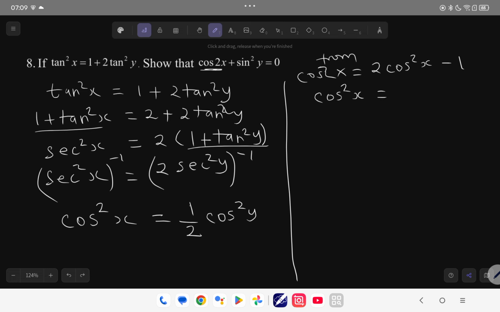Cos squared x will be a half of cos 2x plus 1. So in the place of cos squared x, we can now say a half into cos 2x plus 1. I have now replaced the cos squared x.